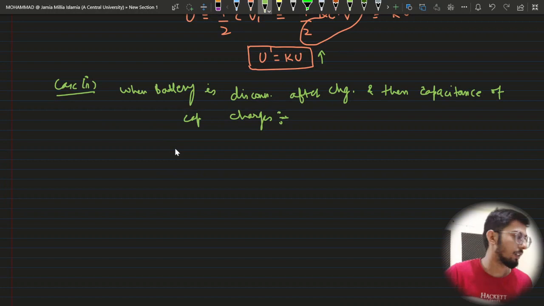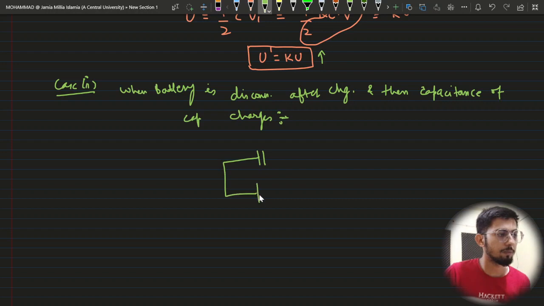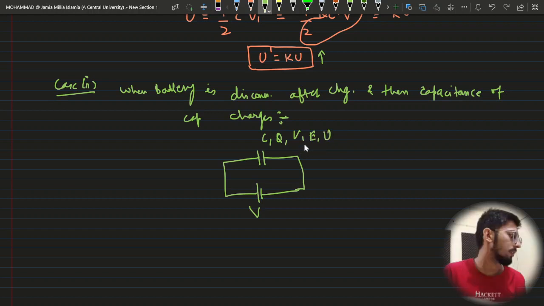So here again we have a capacitor connected to a battery of V volts. Their respective values are these. Now the battery is disconnected in this case.